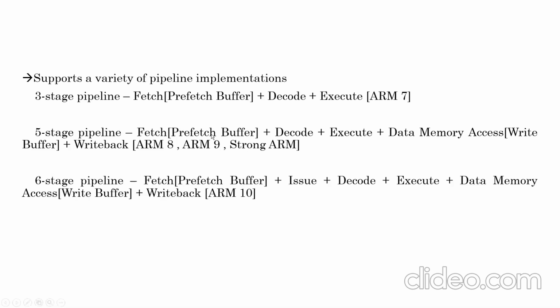It was developed by Intel as a competition to ARM. So StrongARM is the name of the Intel processor that was developed by Intel as a competition to ARM. ARM7, ARM8, ARM9, ARM10 were all developed by the ARM company, whereas StrongARM was developed by Intel.